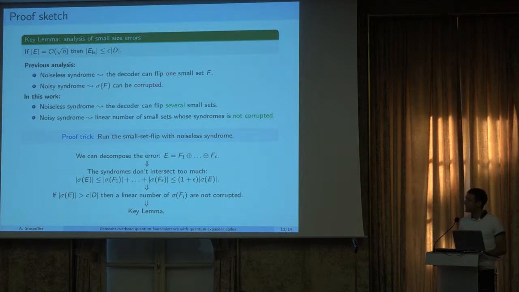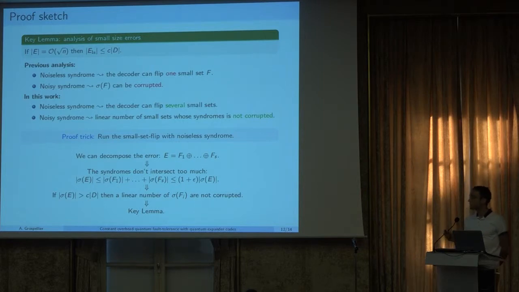The proof of this lemma was a bit tricky because in the previous analysis of the noiseless case, what they proved is that the decoder can flip one small set at each step. If you're familiar with the classical case, that could be a bit surprising, because in the classical case you automatically get that you can flip several qubits at each step.